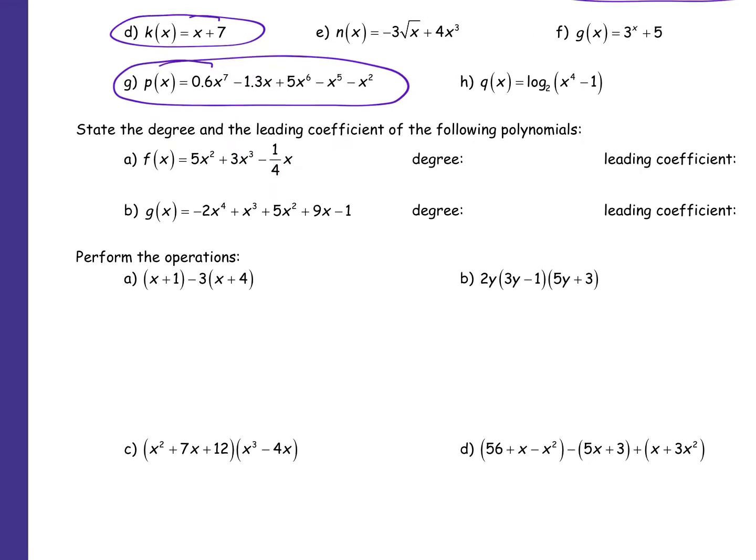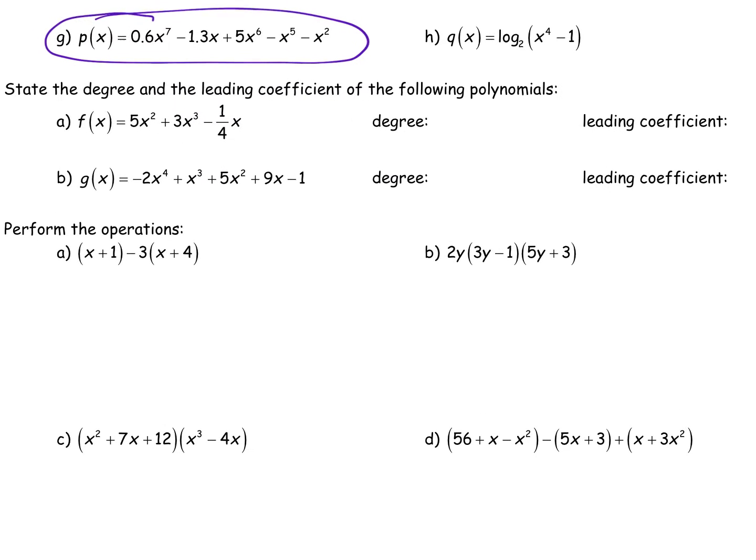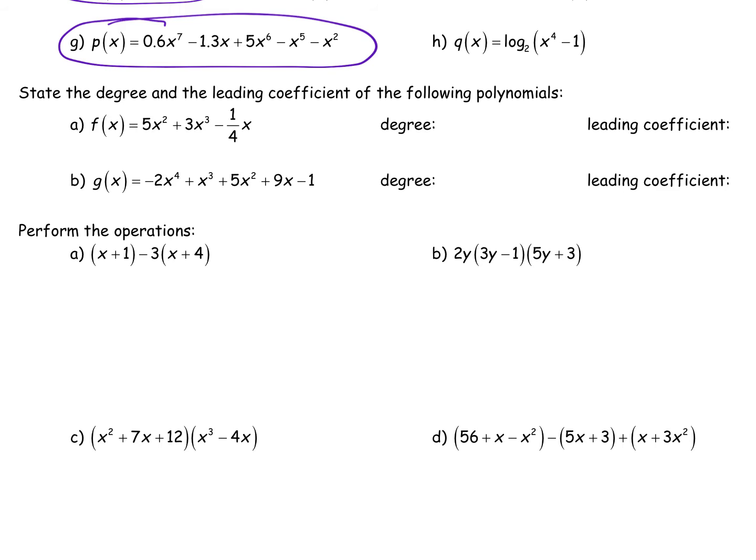The next part just wants us to state the degree and the leading coefficient. The degree is the highest exponent. The leading coefficient is the coefficient with the highest exponent. So what's my degree for A? Three. Very good.